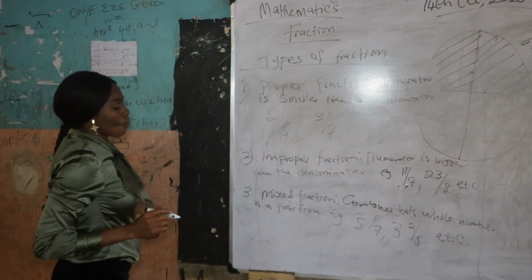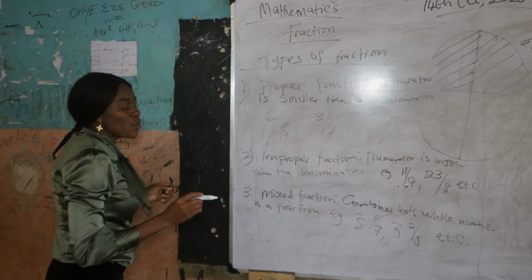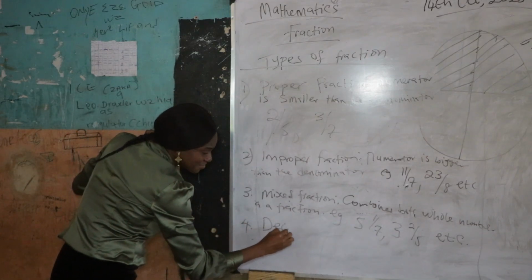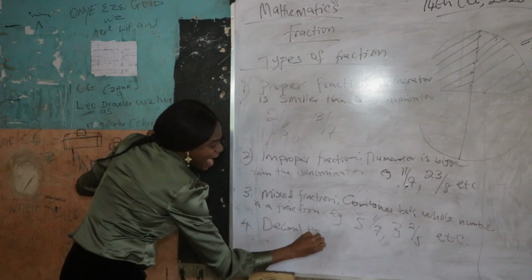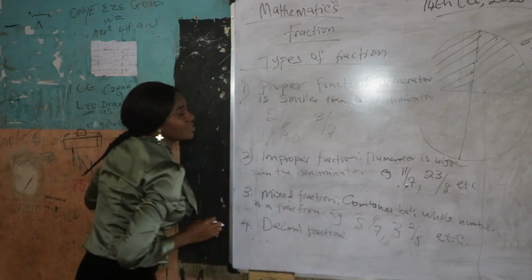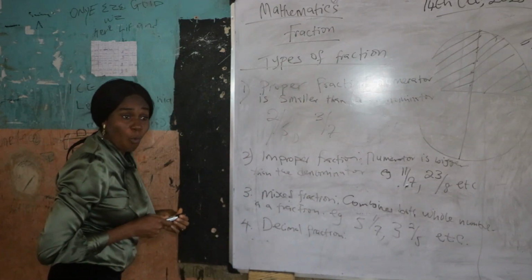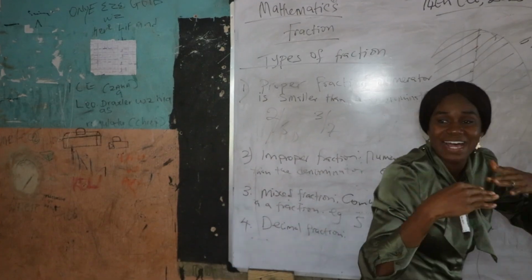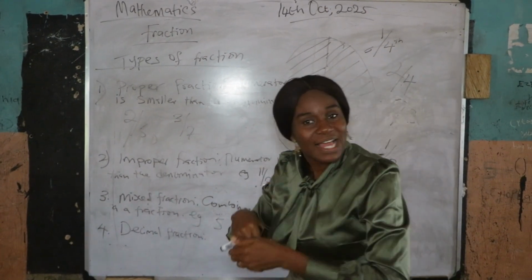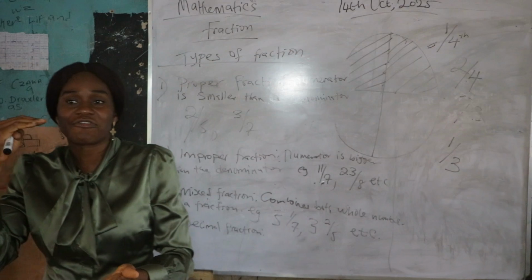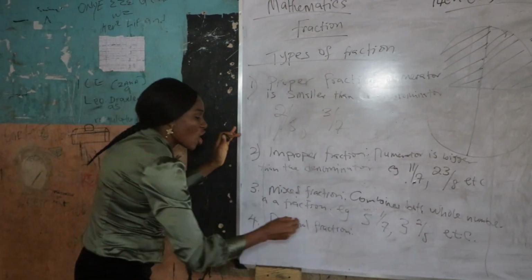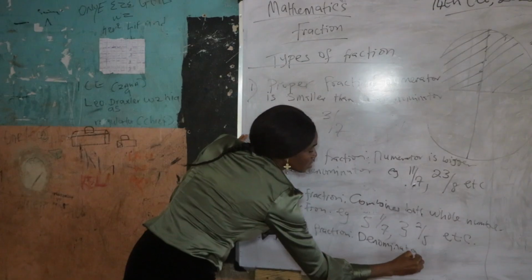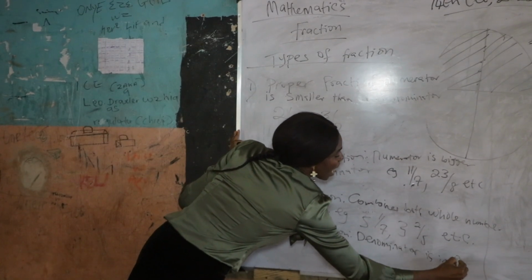Then another type of fraction we have is called decimal fraction. Decimal fraction. This is a type of fraction where the denominator, remember what I said about denominator, the numbers below, where the denominator is in power of 10.